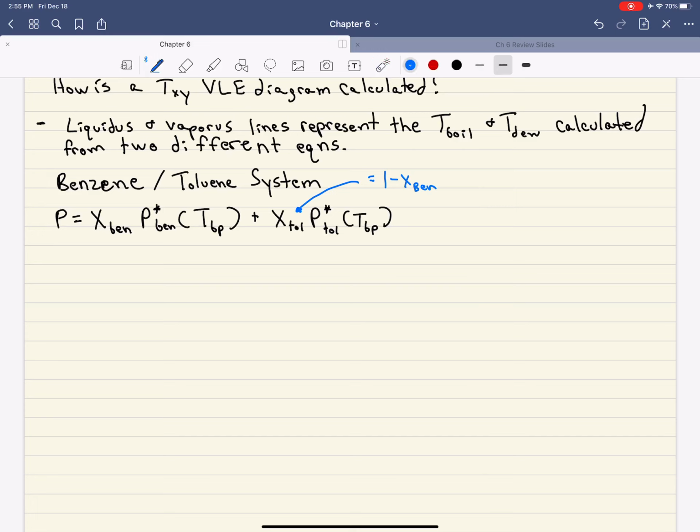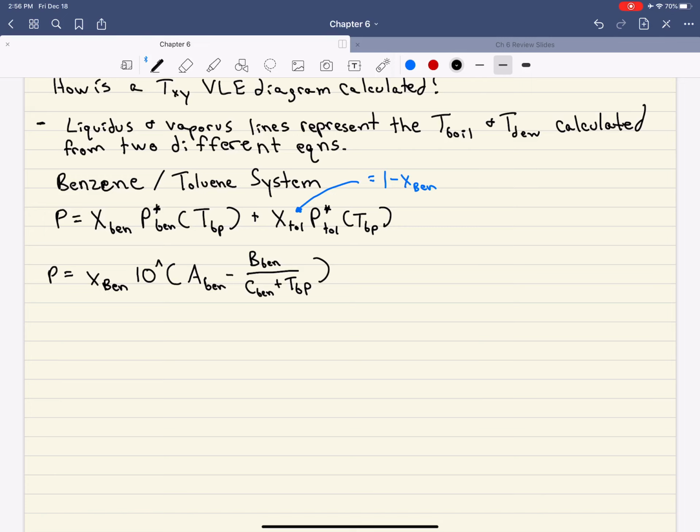And so I'm going to rewrite this equation like this. So we have X benzene, and then from Antoine's equation, we have our vapor pressure actually has this form, so it's 10 to the, where now we have those experimental constants. So once again, this is just from Antoine's equation, plus T boiling point.